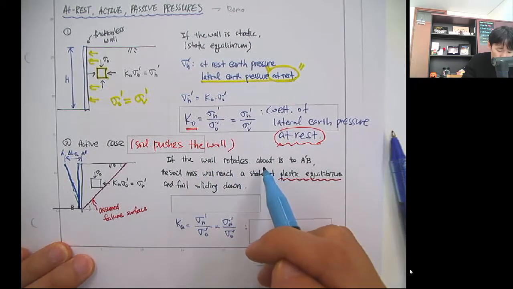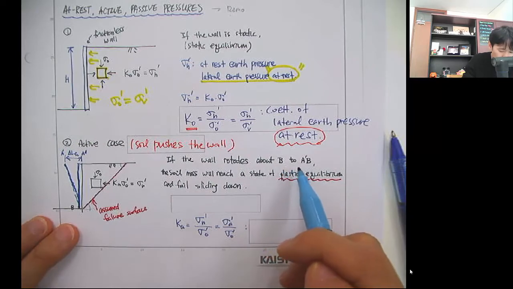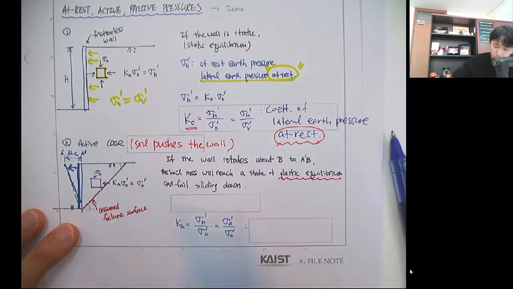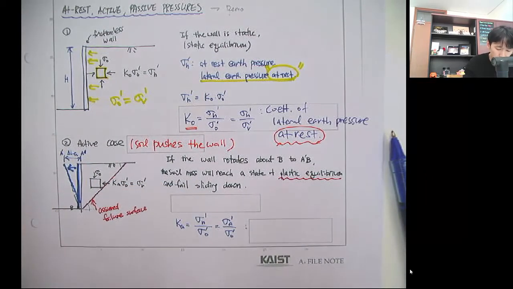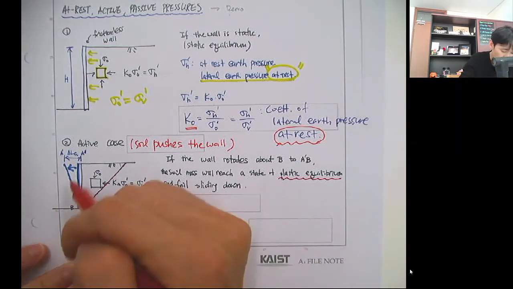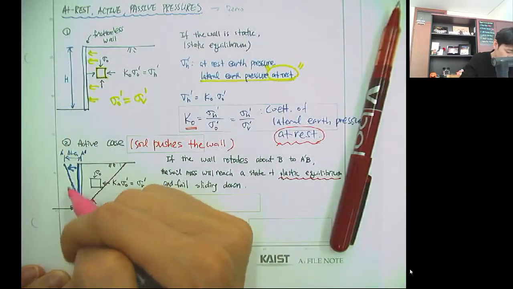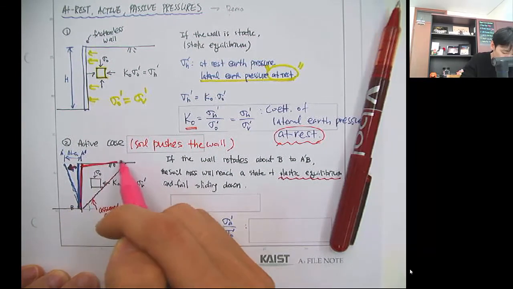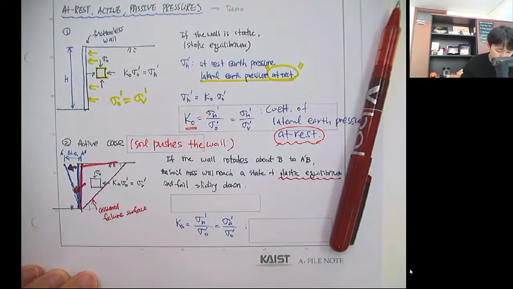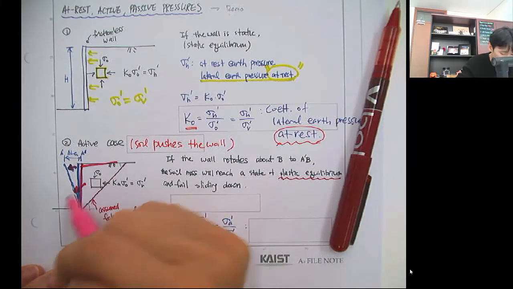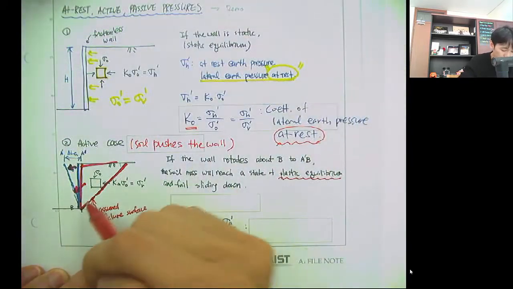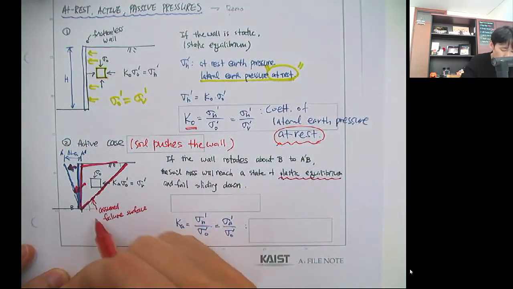If the wall rotates about B from A B to A prime B, from here to here, then the soil mass will reach a state of plastic equilibrium and fail, sliding down. As the wall moves in this direction, this soil mass here will just slide down. During this failure you can assume some failure surface, and we're going to talk about the theoretical failure surface angle.